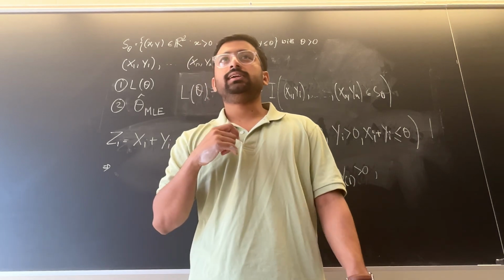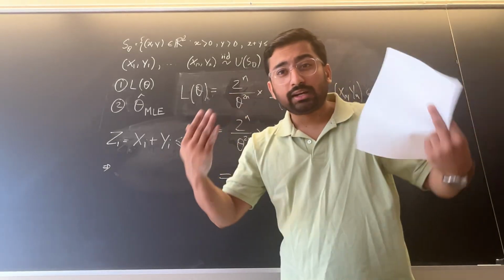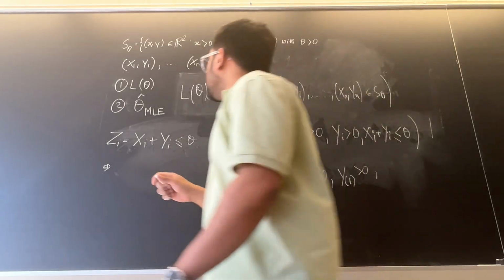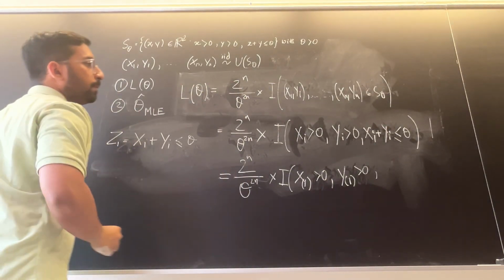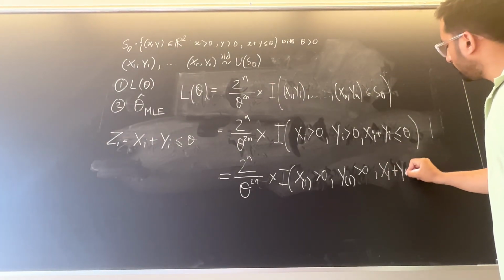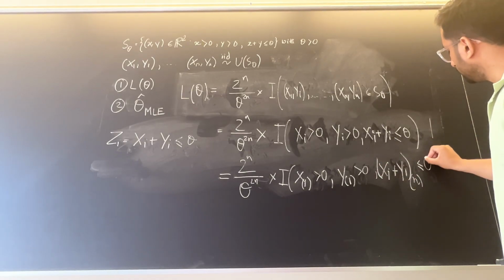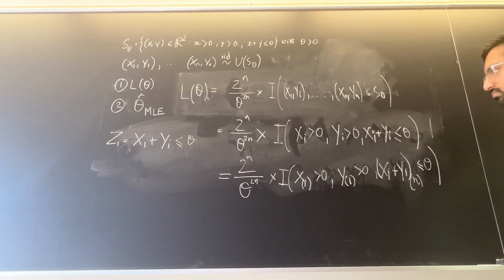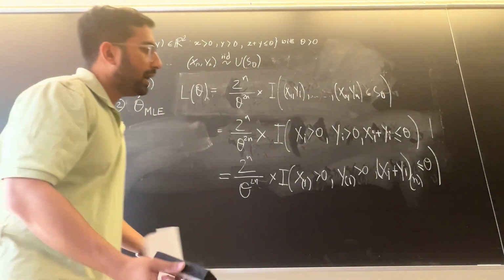And if the maximum is less than or equal to theta, it implies that all of them are less than or equal to theta. The max of this new random variable is less than or equal to theta. So this gives a very compact representation.